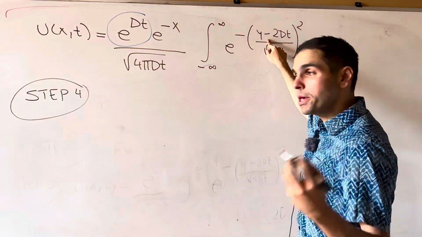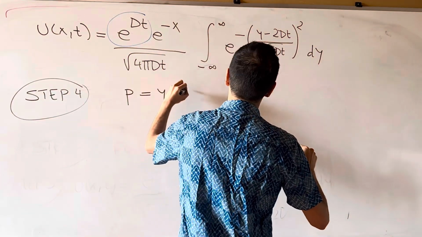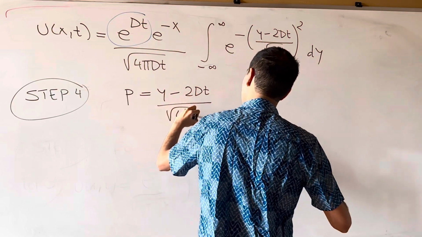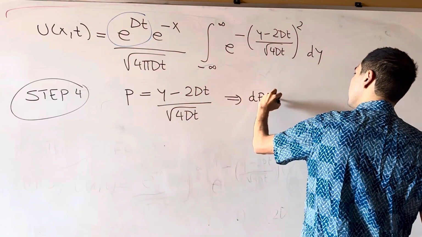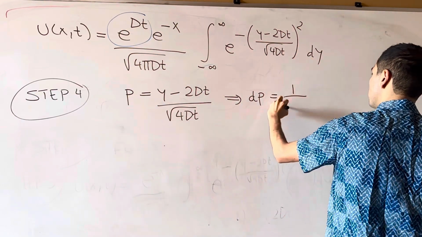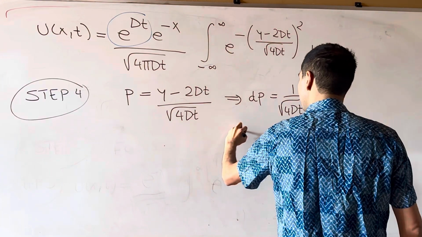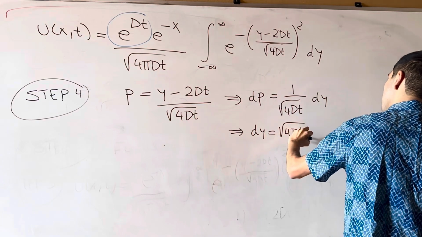So let's use p, like pi m. So p is (y - 2dt) over square root of 4dt. So then dp, that's with respect to y, so 1 over square root of 4dt dy. And so dy is square root of 4dt dp.